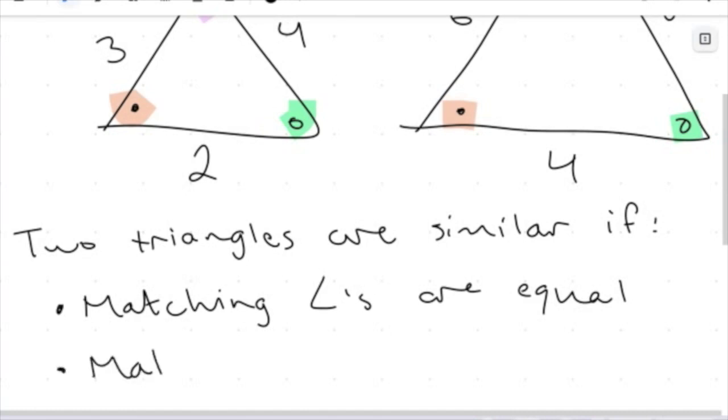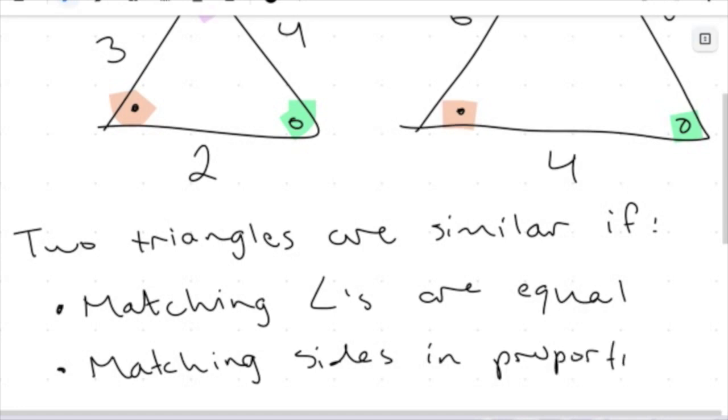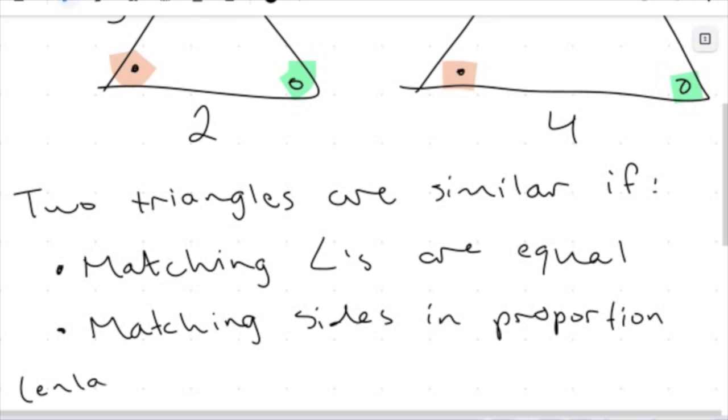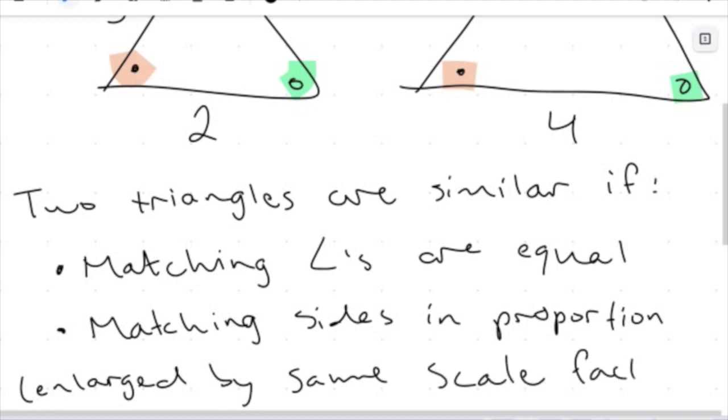So in other words, enlarged by the same scale factor. We talked about this extensively in the previous video.